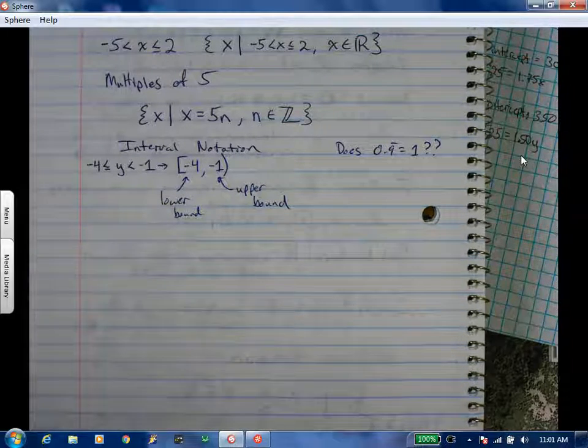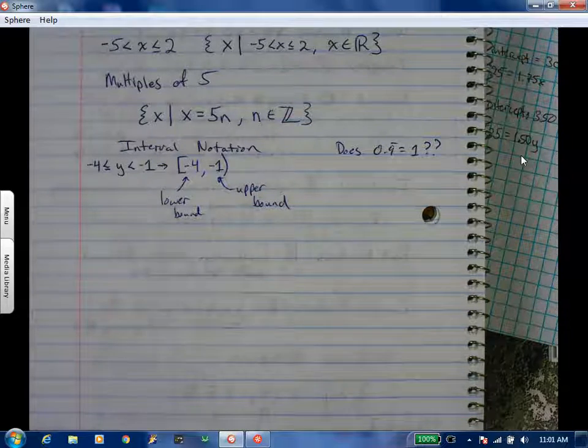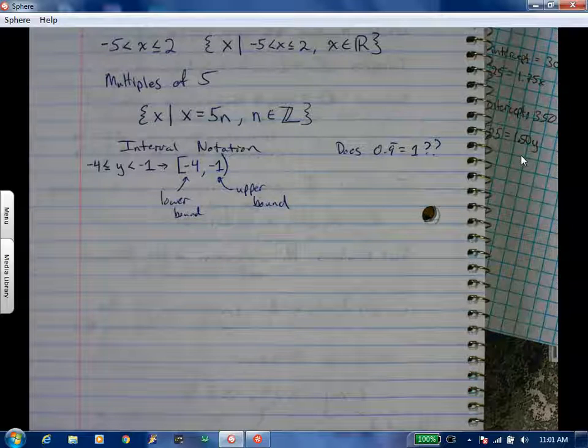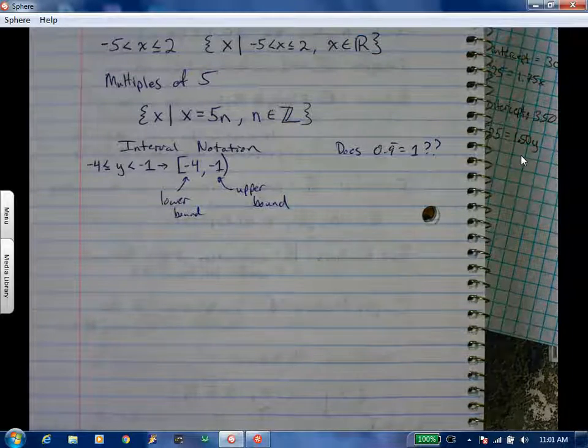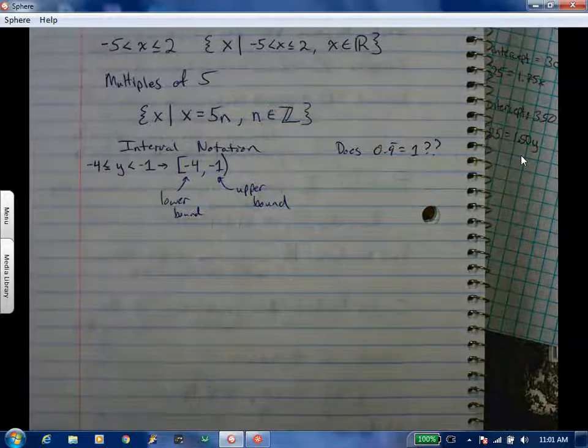So is there a number between 0.9 repeating and 1? So they must be the same number, right? This is a little bit of, you get high enough in math, and you're not there yet. Math becomes philosophy, theories, ideas. Okay? Trying to prove crazy stuff like that.